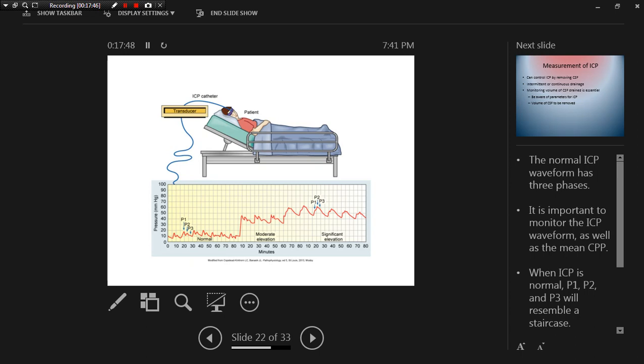But when that staircase is lost, it usually is associated with moderate to significant elevation in the ICP level. So it should look like a staircase. When it starts to go out of the staircase, when the 2 and the 3 start to come up over the 1, then there's a problem. There's significant elevation in the ICP.